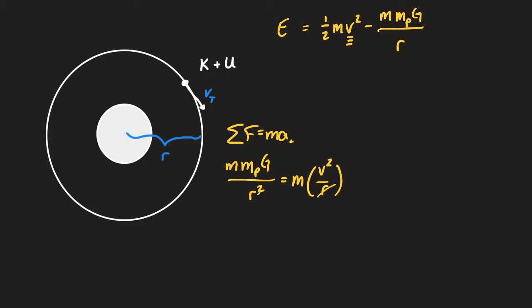Cancel out one of the r's here, and I'll write this as m_p G over 2r equals 1/2 mv squared. The amount of kinetic energy you must have to be in a stable circular orbit. This would be true for any circular orbit. That this represents the kinetic energy in that orbit.